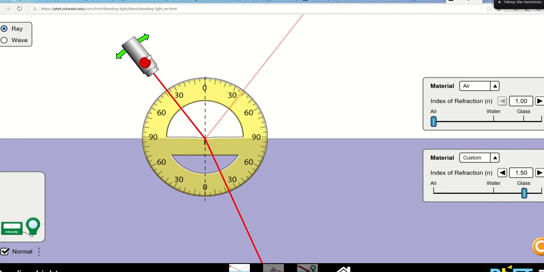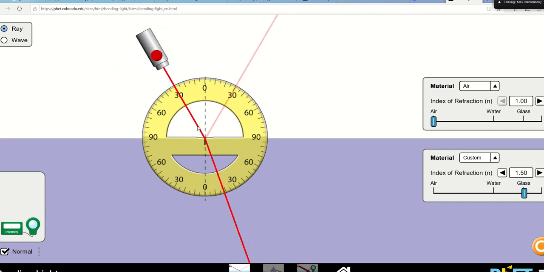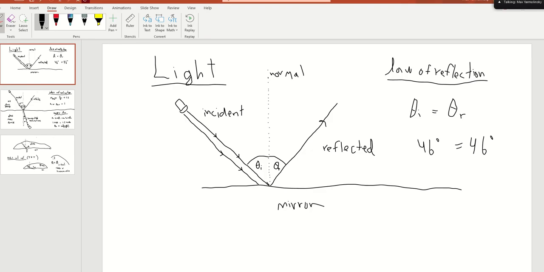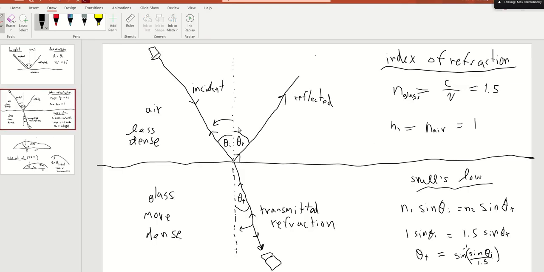For example, if I set theta I to 30 degrees, theta T is about 18 degrees. So I would go to my sheet and write theta I is 30 degrees, and theta T, I found, is 18 degrees. That's the transmitted or refracted angle.